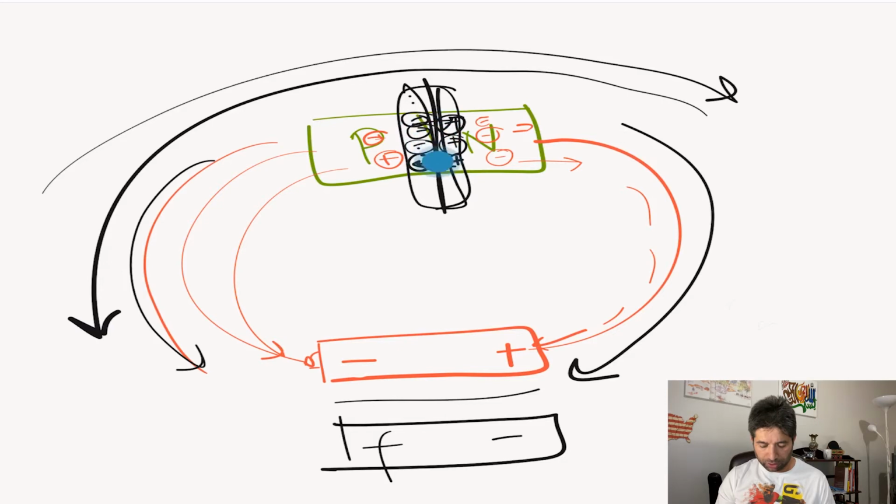They make a depletion region in such a way that after a little while no more charges flow across this.